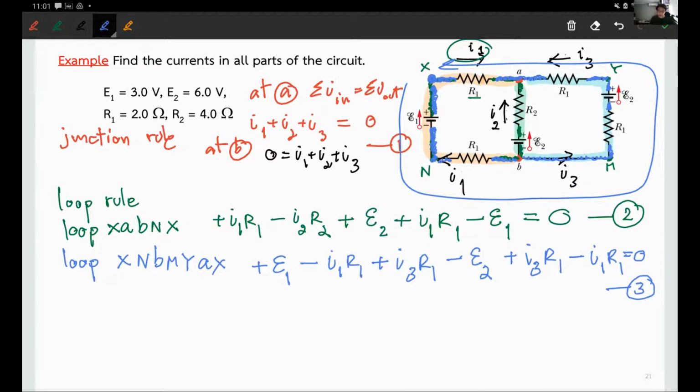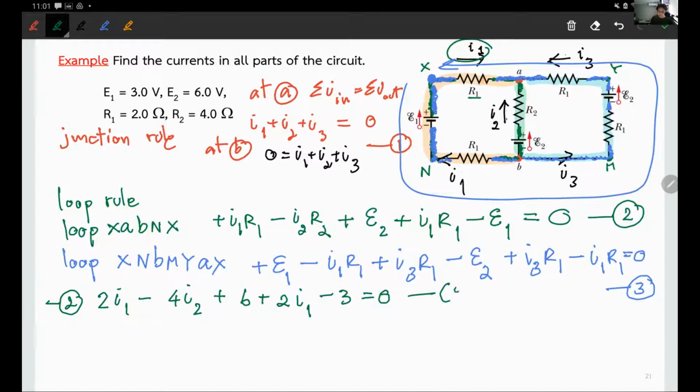I hope this number is not too bad. Okay, so let's look at equation number 2. Let me substitute the numbers in there. I1 is there, R1 is 2 ohms, so it's going to be 2I1 minus 4I2 plus 6 volt plus 2I1 minus 3 equal to 0. Let me call this equation 2 star.